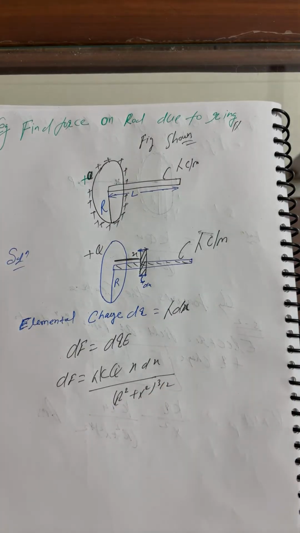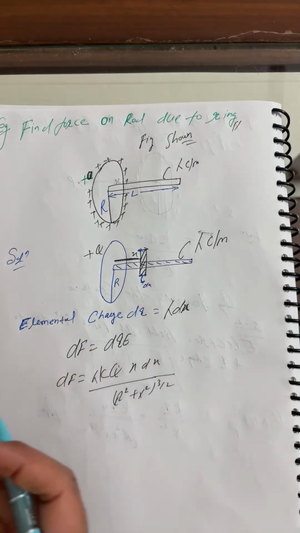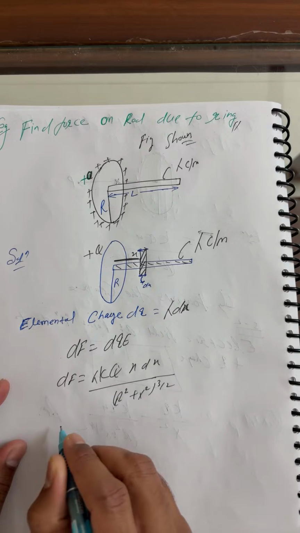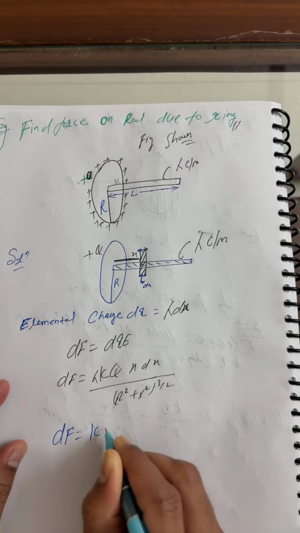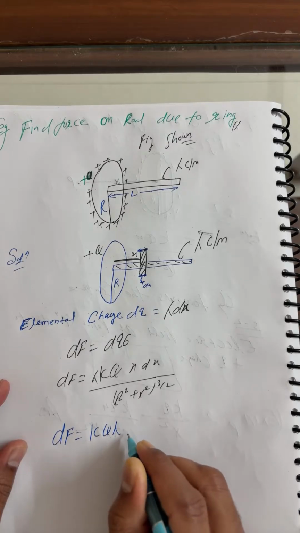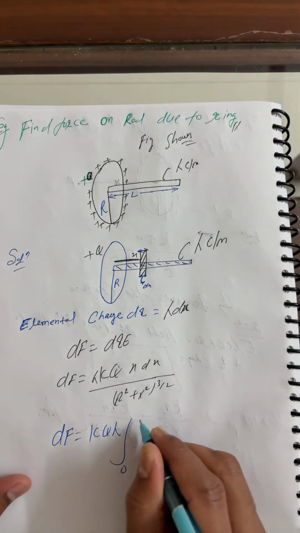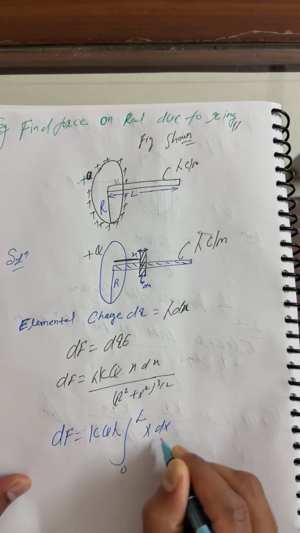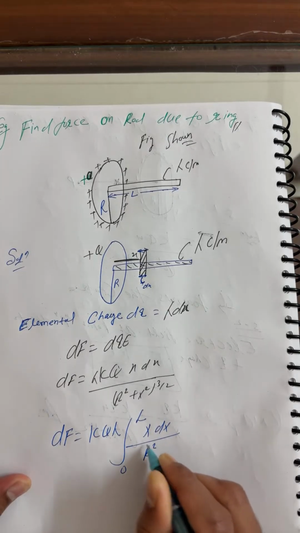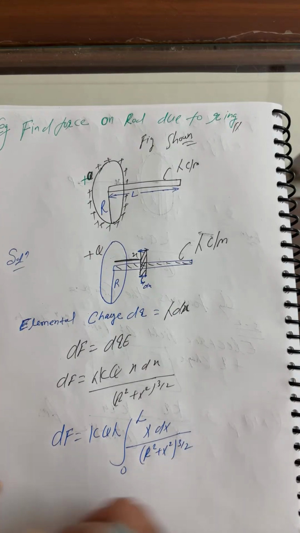Don't forget lambda. Again, what's the initial limit here? Take the entire terms constant. So dF is k q lambda, integral from 0 to L, x dx upon (R square plus x square) to the power 3 by 2.